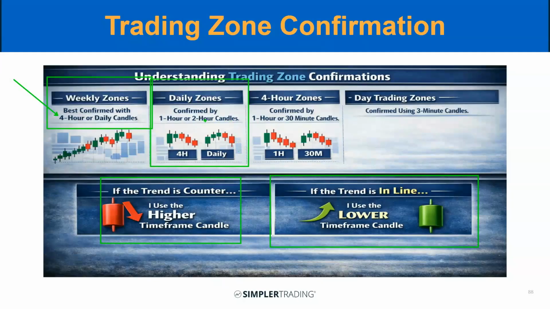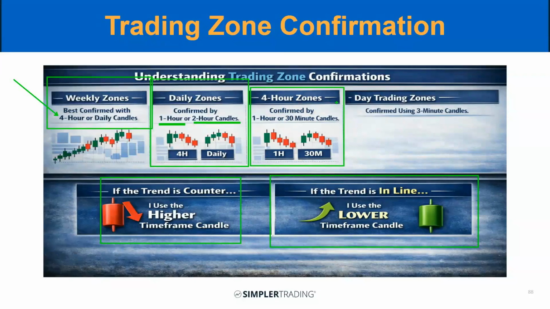In a daily zone, if price is pulling back in a bullish trend to a demand zone, I'm going to use a 1-hour candle. If the trend is bearish and it's pulling back to a daily zone, I'm going to use a 2-hour candle. If price is pulling back to a 4-hour zone and I'm looking for a bullish trade in a bullish trend, I'm using 30-minute candles.